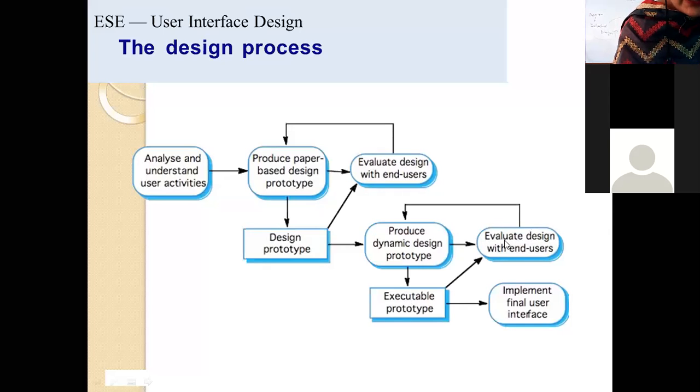But if after evaluating, it feels that there should be some changes we can introduce, this step can be repeated. After that, we will have the executable prototype. From this executable prototype, we can implement the final user interface. This is the process of designing the user interface.